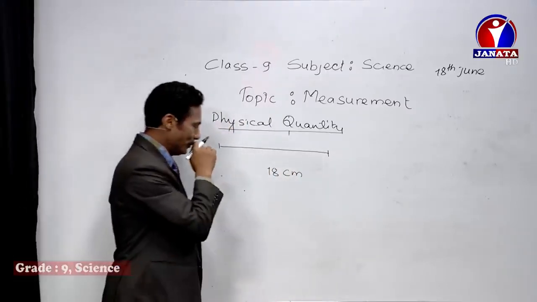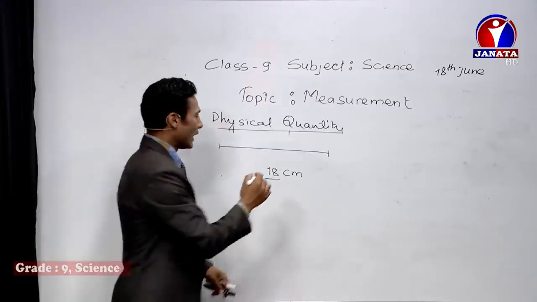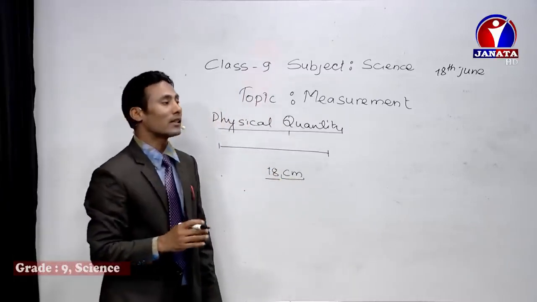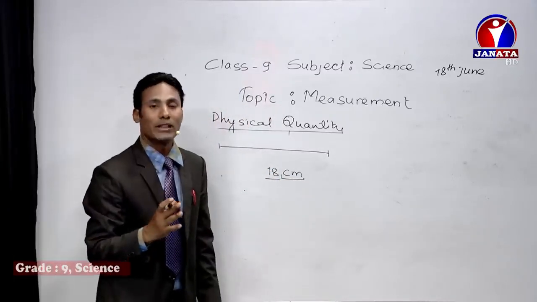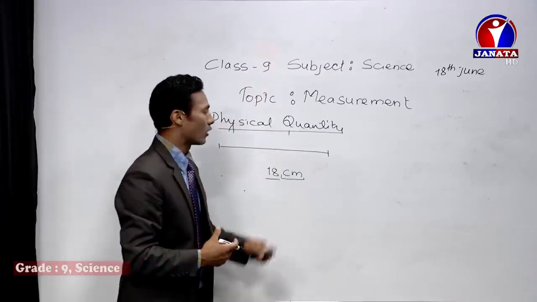Here 18 is there and centimeter is there. This centimeter is the unit because it is the standard quantity with which we can express the unknown quantity. That's why it is called the unit.